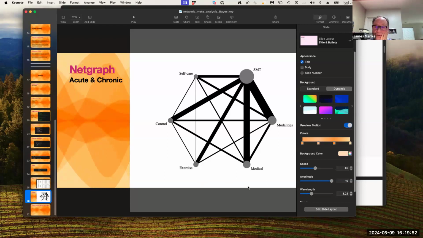Well, the indirect method, by indirect evidence, you would compare exercise to medical through SMT. You know, that's one route. It's like a puzzle. You can go any route. The thickest one, I think, is the best evidence, but exercise to SMT and then medical.